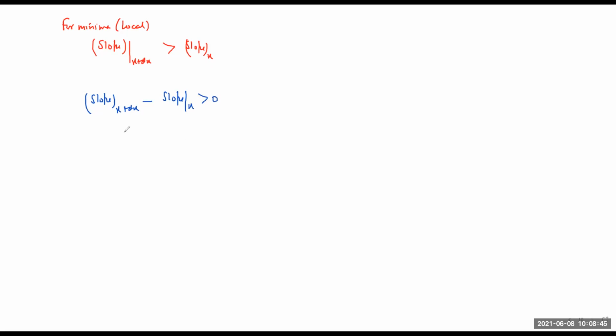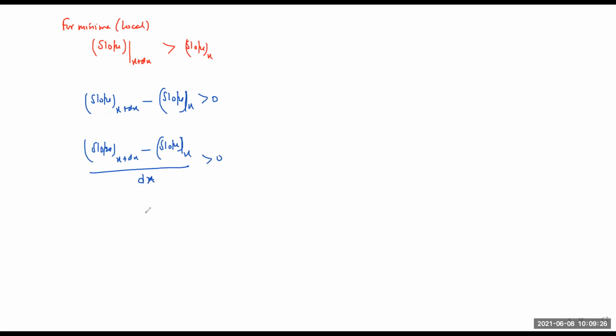Right or wrong? Is this correct? Okay. Now I'll write slope at x plus dx minus slope at x upon dx, because dx is positive, is also positive. I divide by dx.